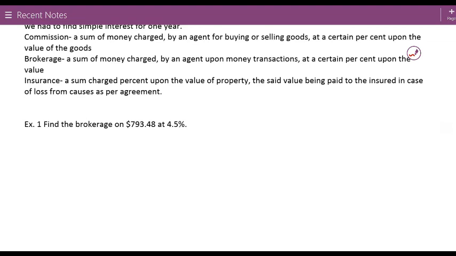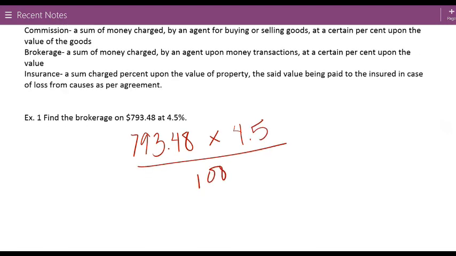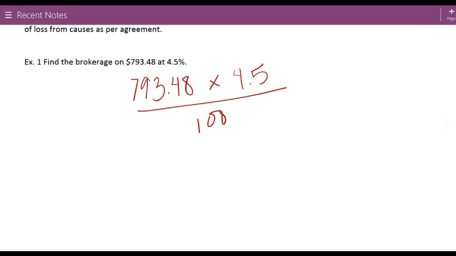So our principal is 793.48 times 4.5 divided by 100. All right, so simple multiplication and division here.